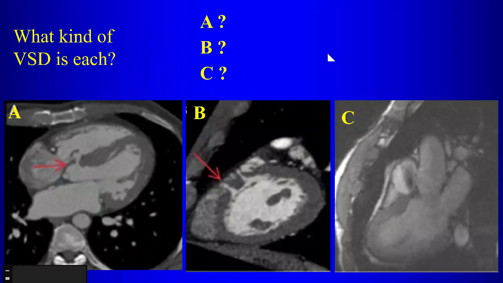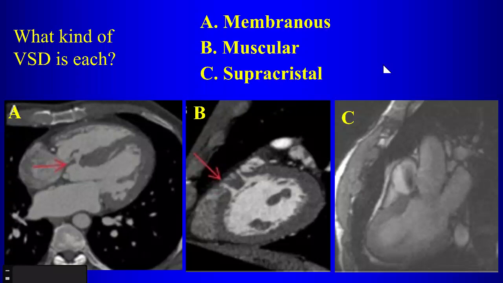Okay, so for these three types of VSDs, what type is each? Well, it's high in the ventricular septum, B, yeah, C, yeah.